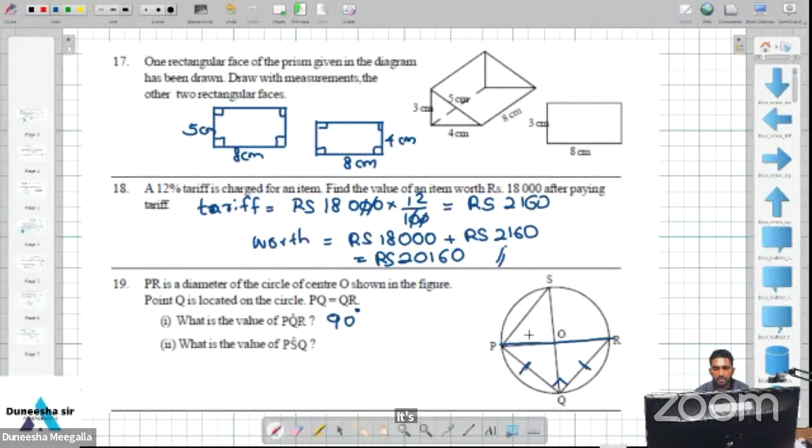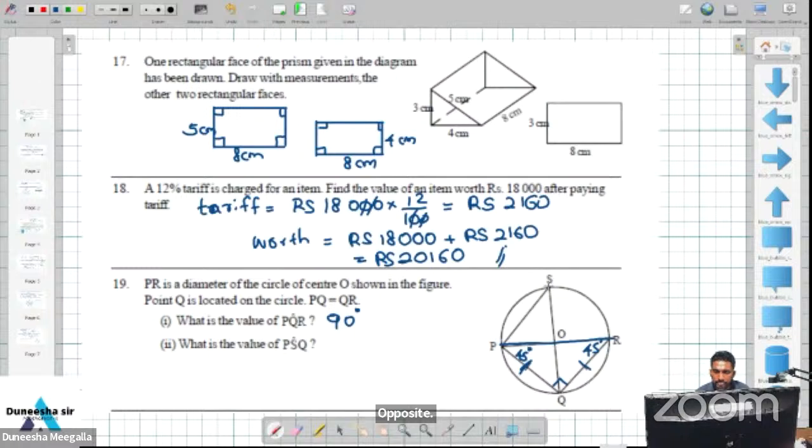Then the two sides are equal, so it is an isosceles triangle. The opposite angles are equal.